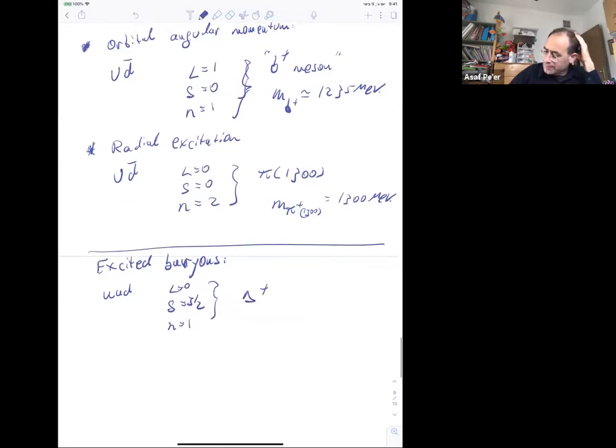Now, of course, if you're not confused enough by now, remember that what we did so far was just with the first generation quarks, the up and down. But of course, all the other quarks can participate as well. So we can have heavier mesons and heavier baryons made from heavier quarks.